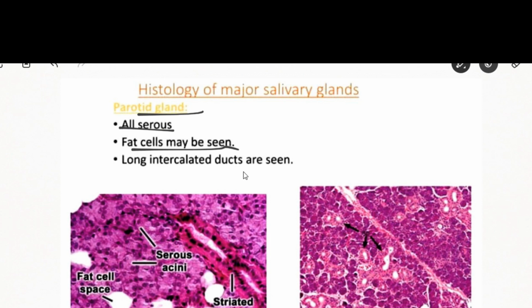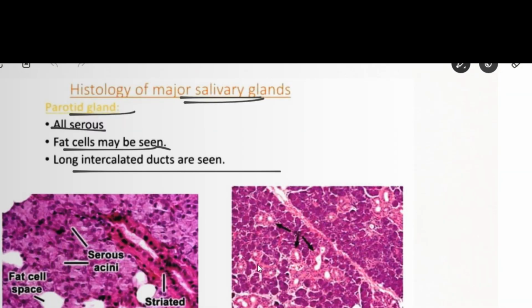The parotid gland histology: here the cells are mostly serous type. There is presence of numerous intercalary ducts, and long and branched striated ducts are also seen that stain pink with eosin dye and appear as a pink necklace in the stained section.